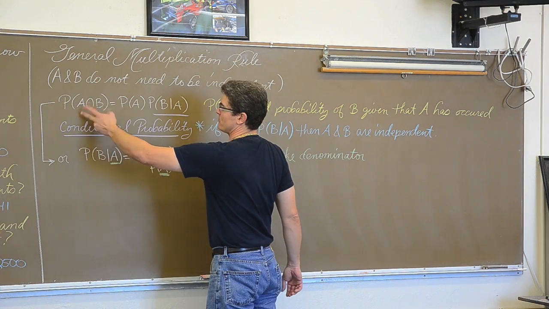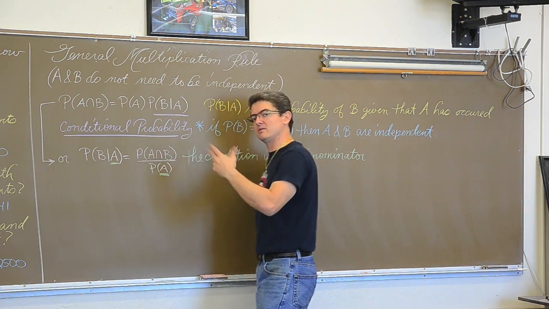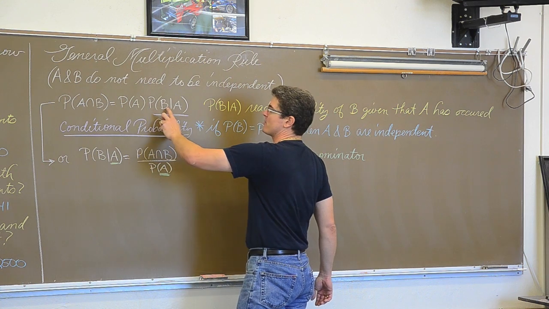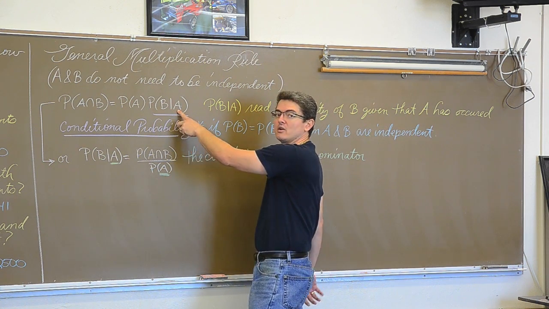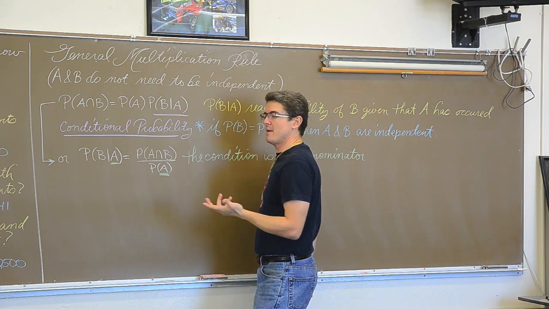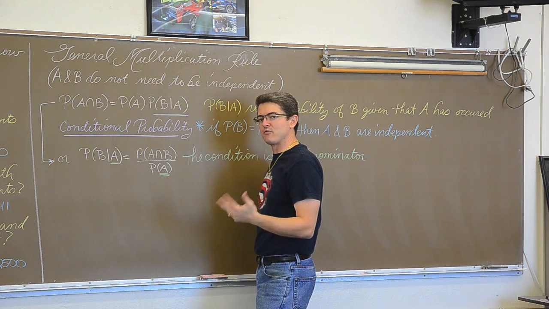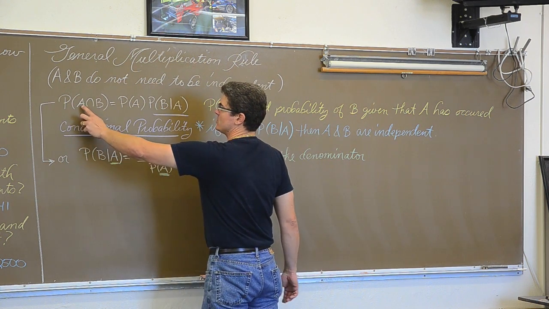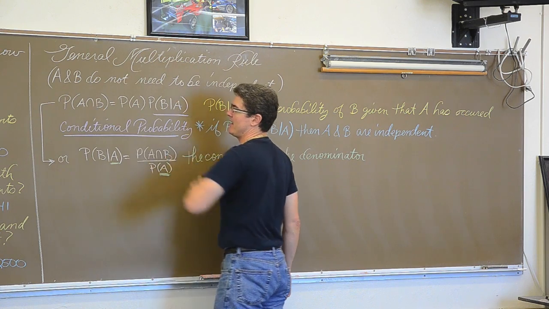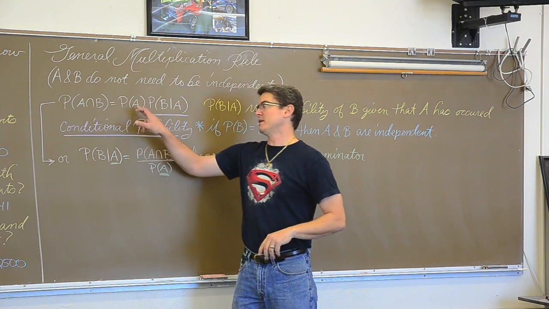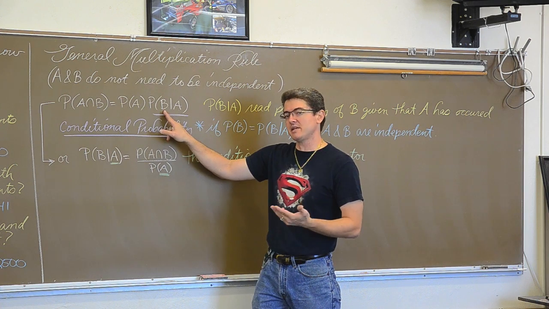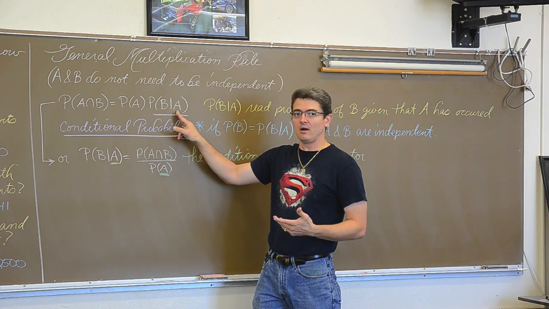Now let's put it in word symbols. Probability of A and B equals the probability of A times the probability of B, given that A has already occurred. In my example of class performance and exam performance, what's the probability that you do well and you pass the exam? That's the probability you did well times the probability you passed the exam, given that you did well.